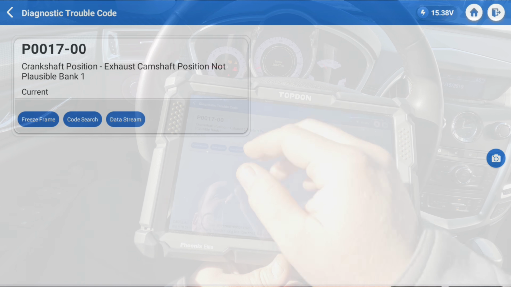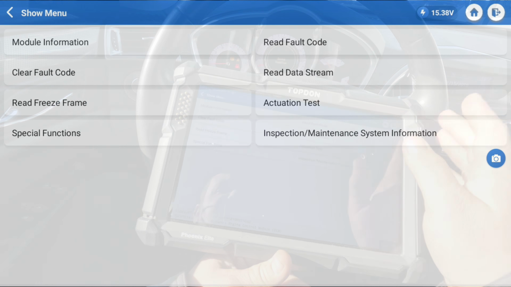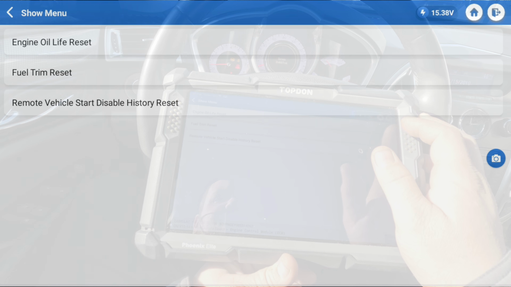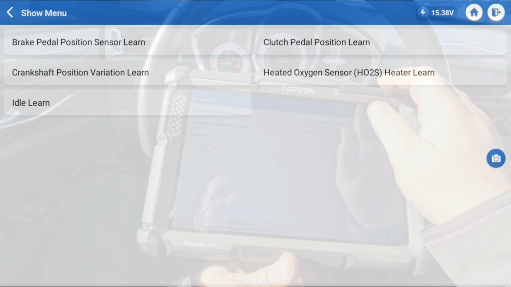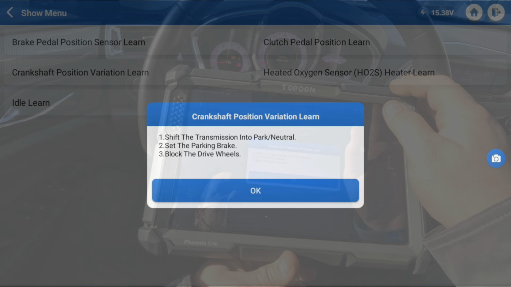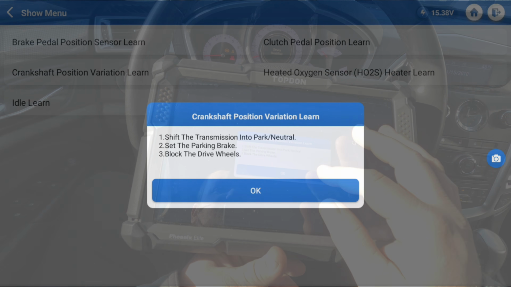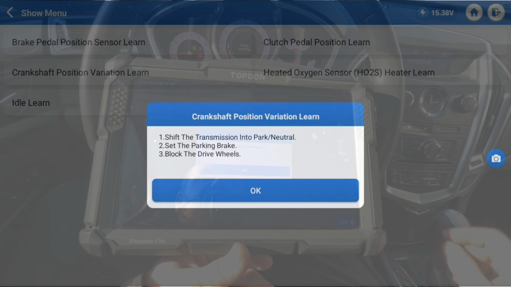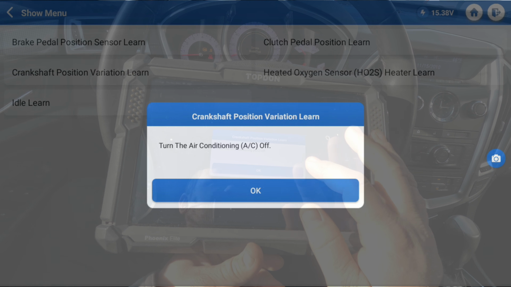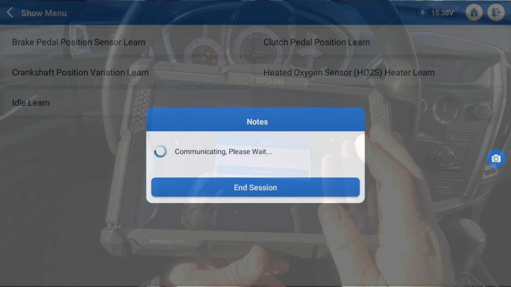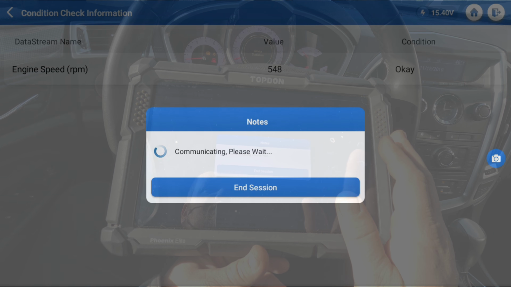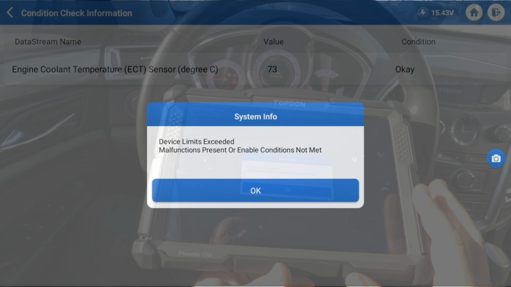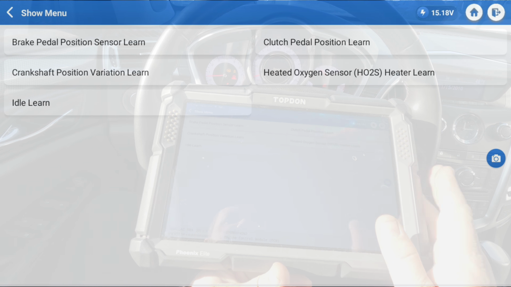Yep. Exhaust cam not plausible, bank 2. Okay. Let me go see if there's any special functions, like reset functions. It can't do it because of this code.